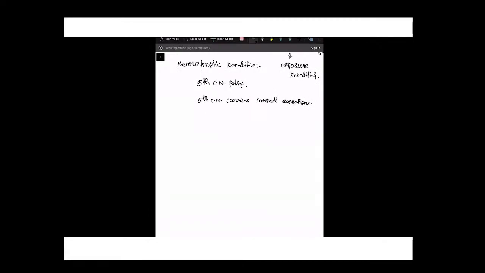If the fifth cranial nerve is paralyzed, it will lead to poor corneal sensation. So a foreign body can lodge in the cornea and irritate it, and the foreign body on the cornea causes the ulcer.